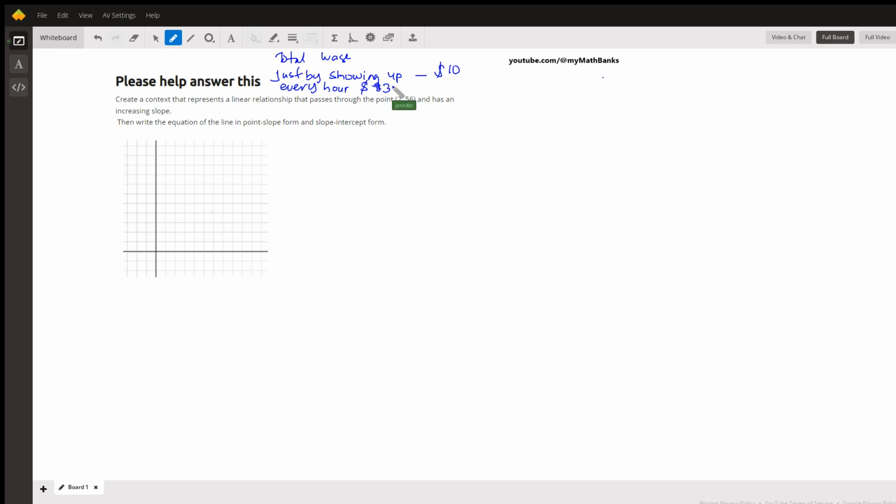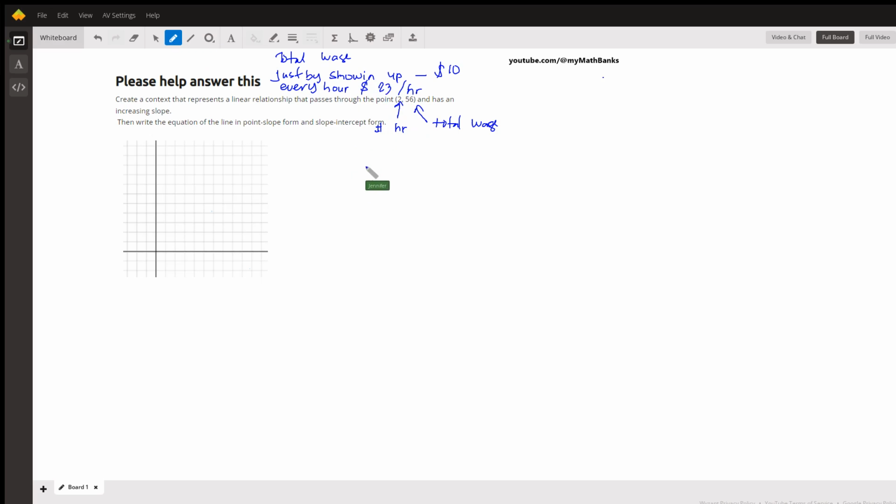Okay, so what this means is that this part right here is your number of hours, and this one right here is your total wage, depending on the number of hours that you work during that day.